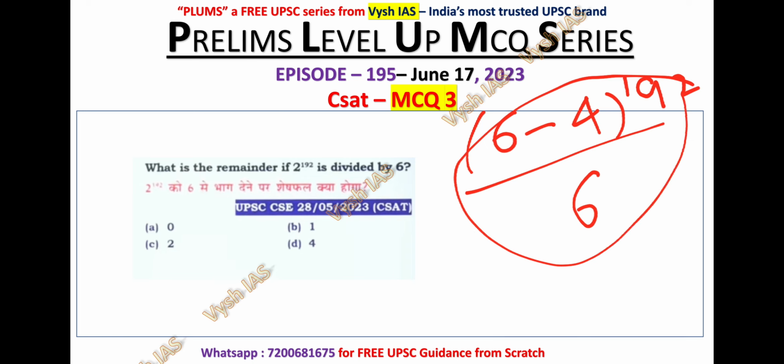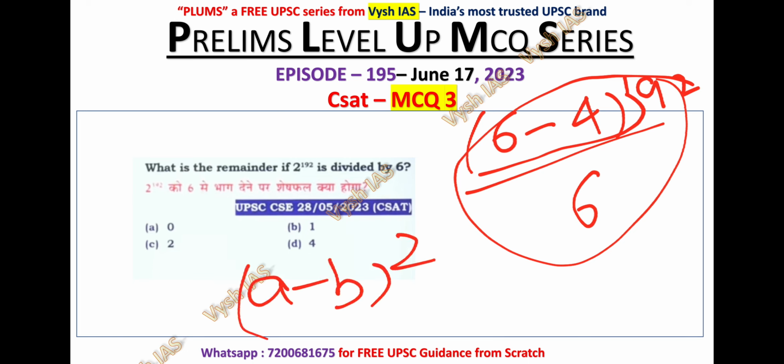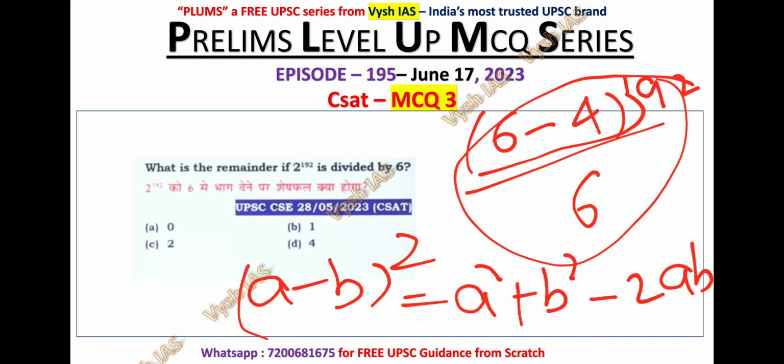If you solve this equation, what will be the remainder? If you expand, for example, a minus b whole square, the result is a square plus b square minus 2ab. A is there in the first term, A is there in the third term also. A is only not there in the second term.